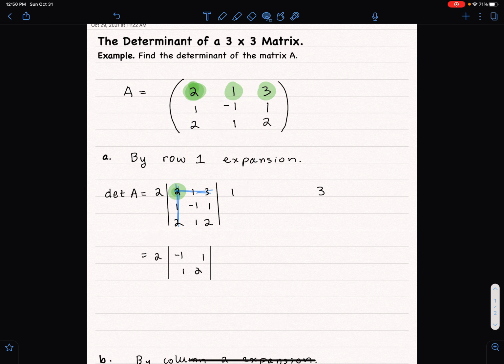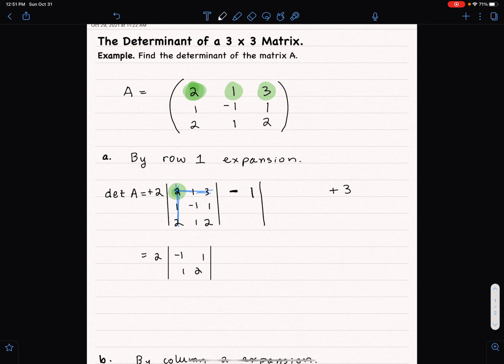And then I continue, but I come to the next piece, which is 1 here. Now for that one, I subtract. So there's a pattern that goes plus, minus, and then we're going to add again, plus. So we'll come more to that later.